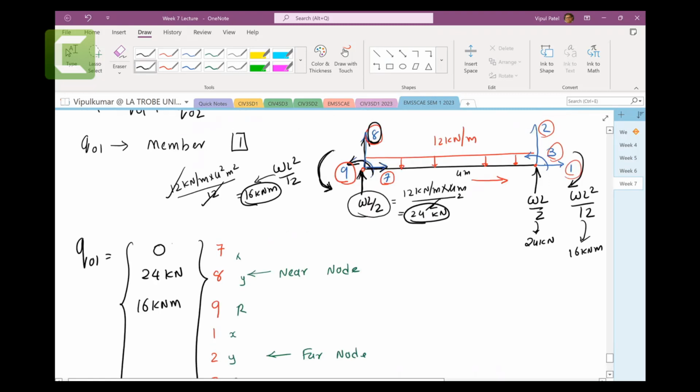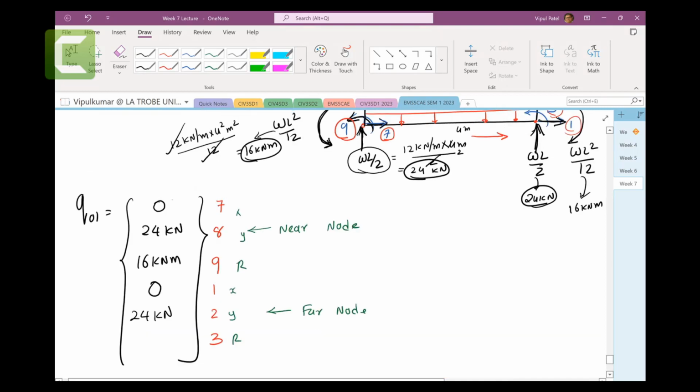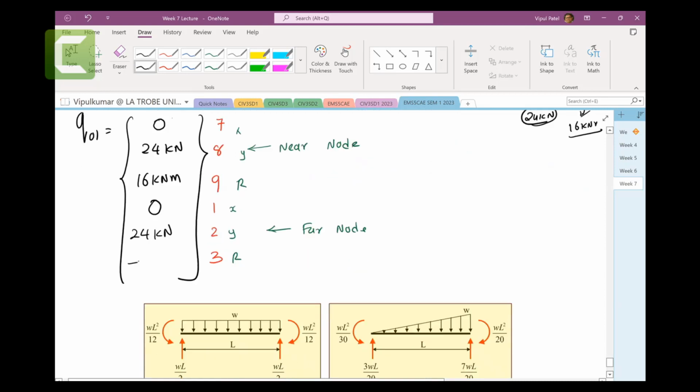Number 1, let's go here. There is no force in number 1, so that is 0. Number 2 is going up, and that is also going up, with a value of 24 kilonewtons. Number 3, we have going this way, and this one is opposite to number 3, which is 16 kilonewton meters, so minus 16 kilonewton meters. Right? So far, so good.